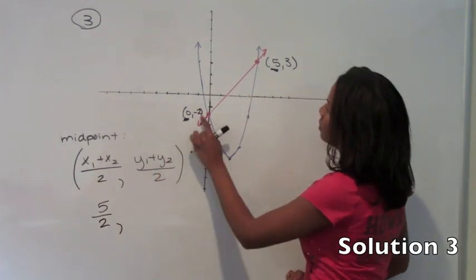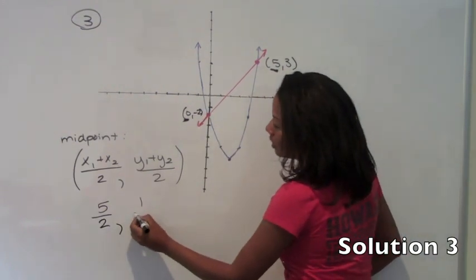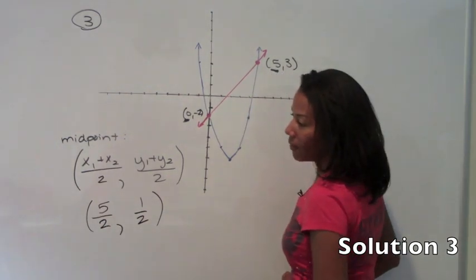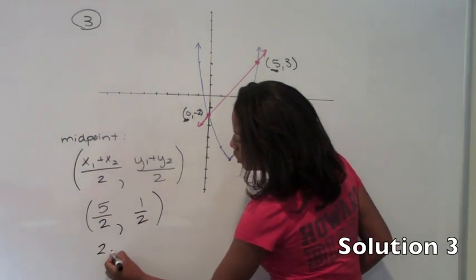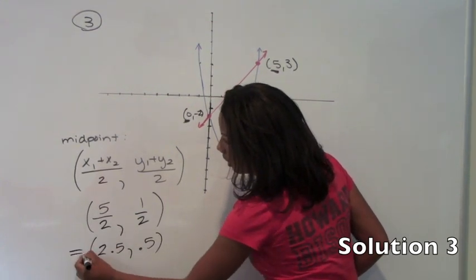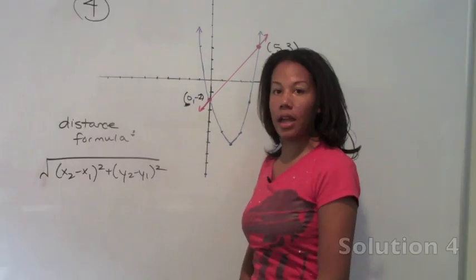And then y1 plus y2 is -2 plus 3, which is 1, divided by 2. So we get 5 halves, 1 half, and that is 2.5, 0.5, because this is the form that our answer choice is in. So number 3 is D.